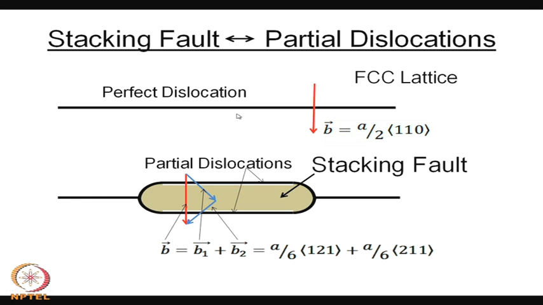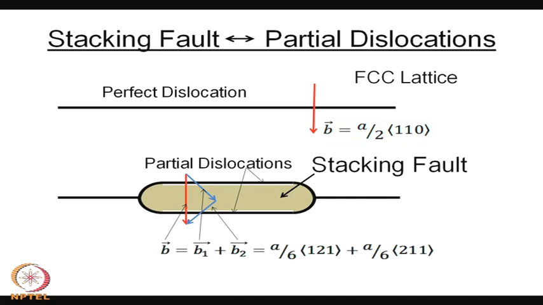Under certain situations it may happen that this perfect dislocation, instead of continuing like this, separates out into what we call partial dislocations. Now, these partial dislocations actually arise because the displacement changes, the Burgers vector gets resolved in two different directions.